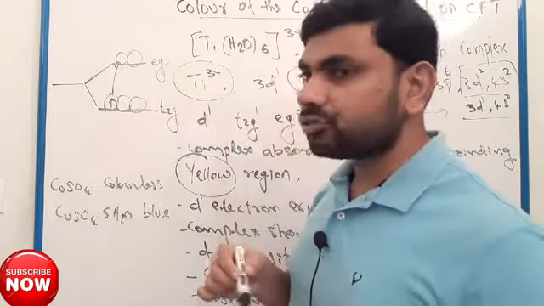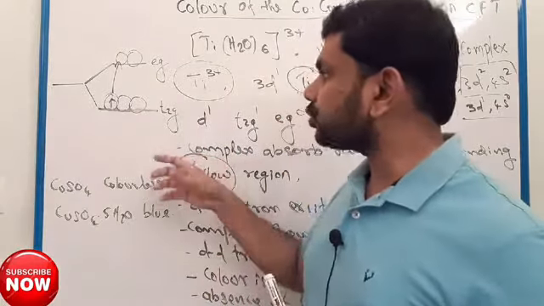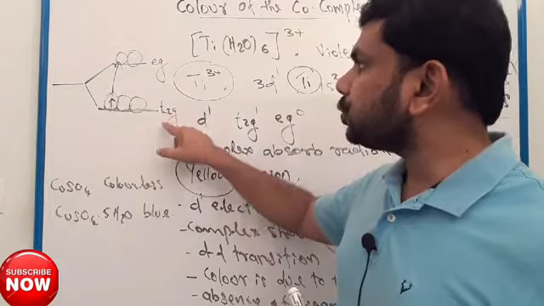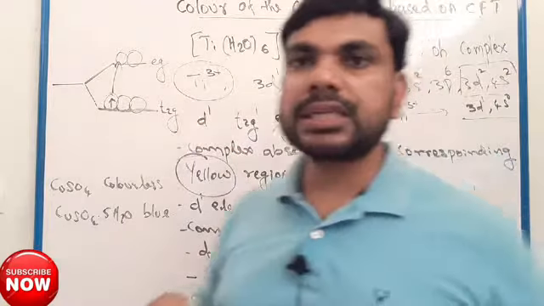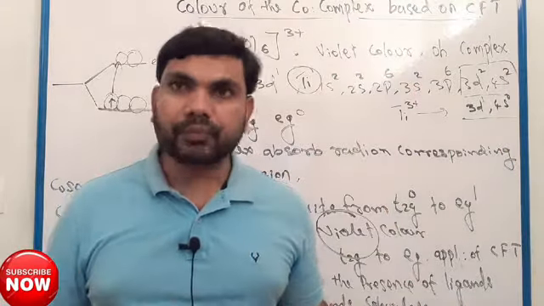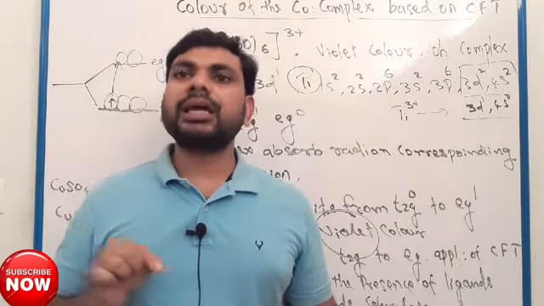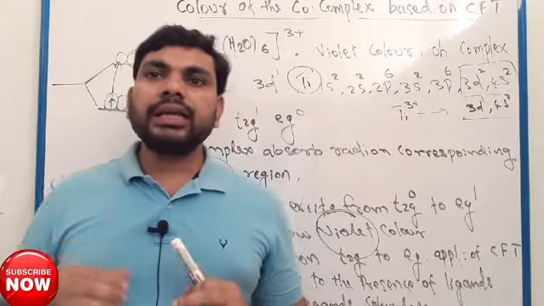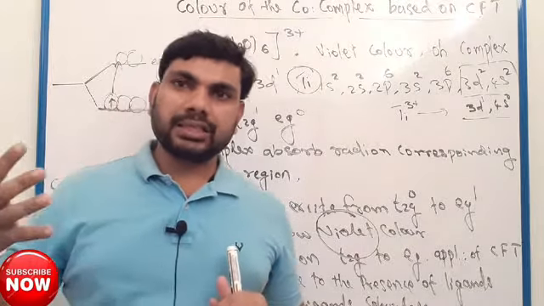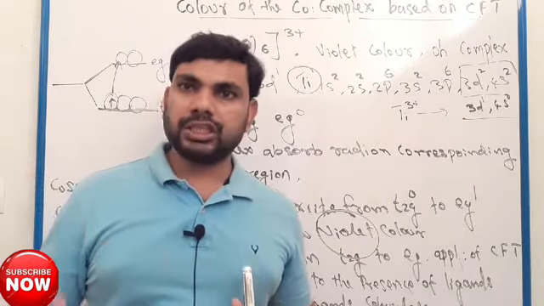There will be a transition of the electron from t2g to eg after passing radiation with a suitable frequency. This 3d1 electron will be excited from t2g to eg.